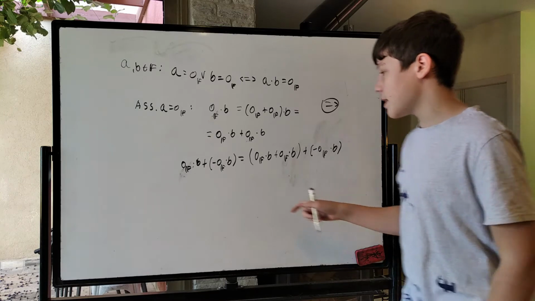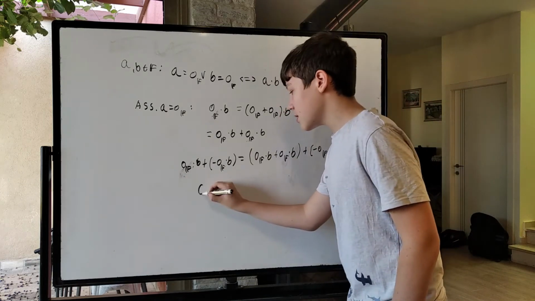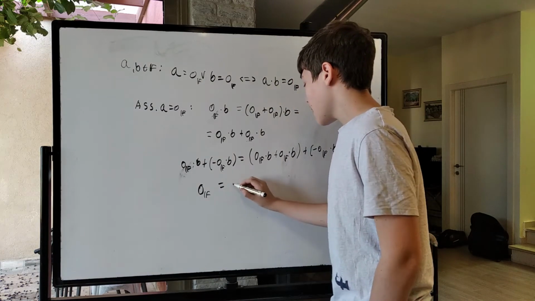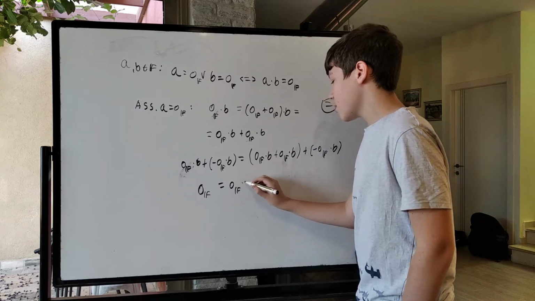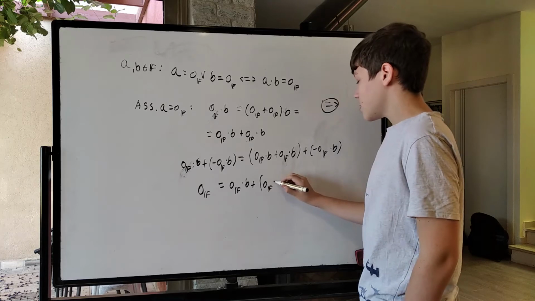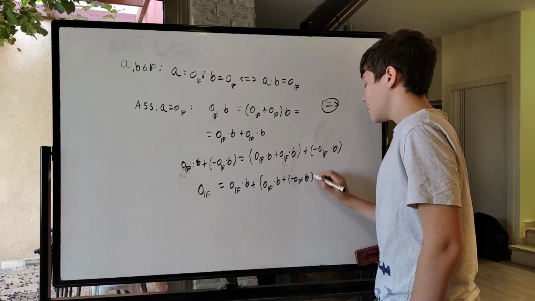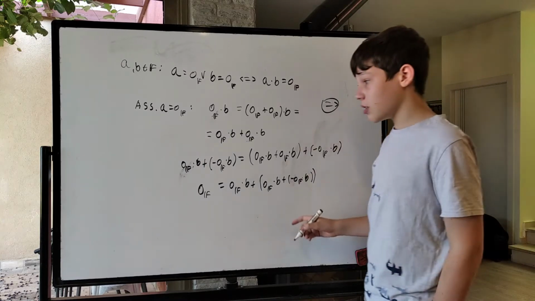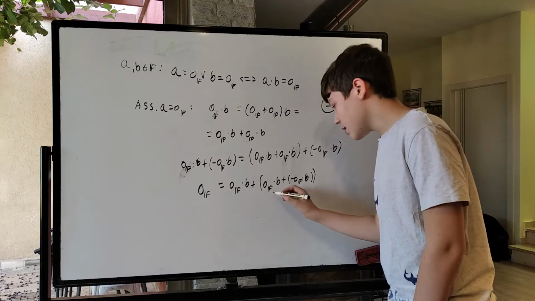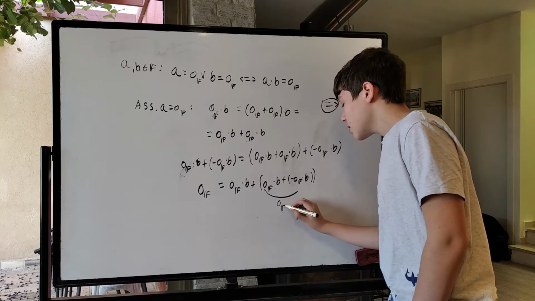So that means that, first of all, this is something plus its additive inverse. This is, by definition, our 0, and this is our 0 times b plus 0 times b plus its negative 0 times b. Now this thing, just like we saw just now, is the additive inverse.